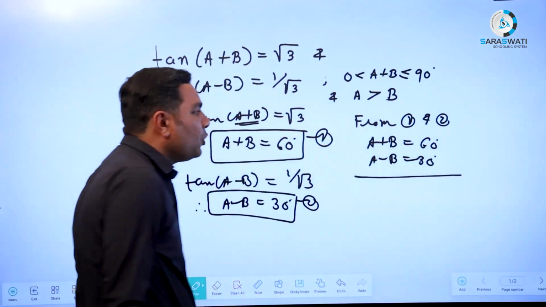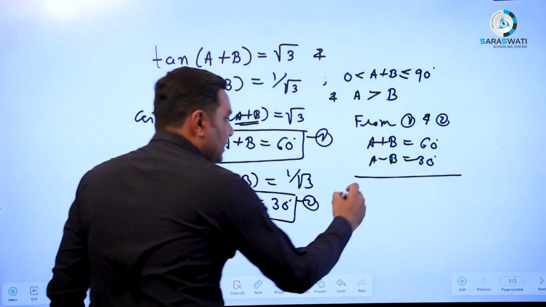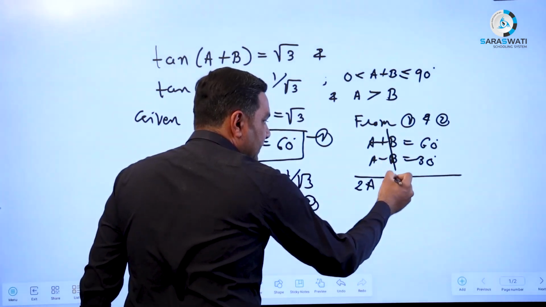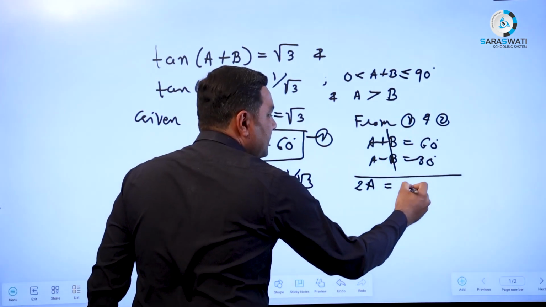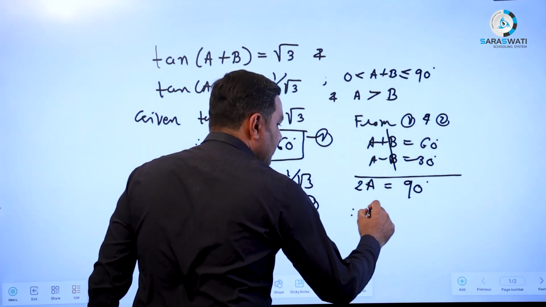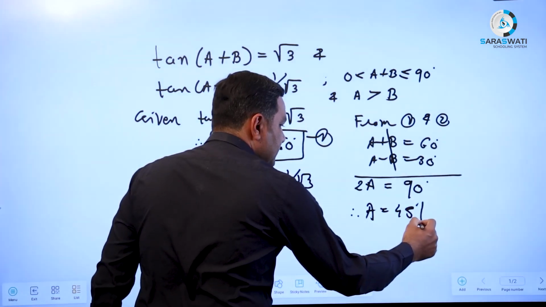Now if we apply the pure elimination process, that means we need to add them. A plus A gives you 2A. Definitely plus B minus B will get cancelled out. Followed by 60 plus 30, it gives you 90 degrees. And hence, if you divide 90 by 2, you will get 45 degrees.